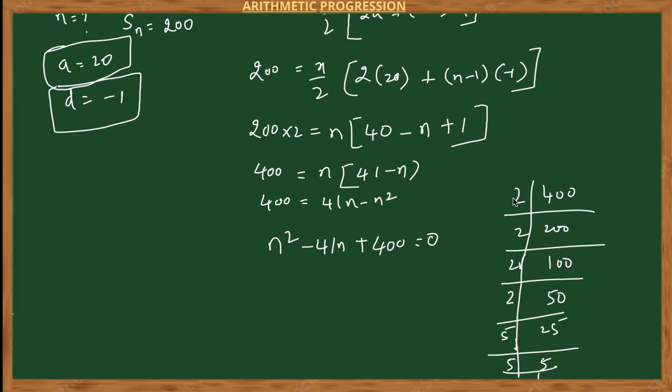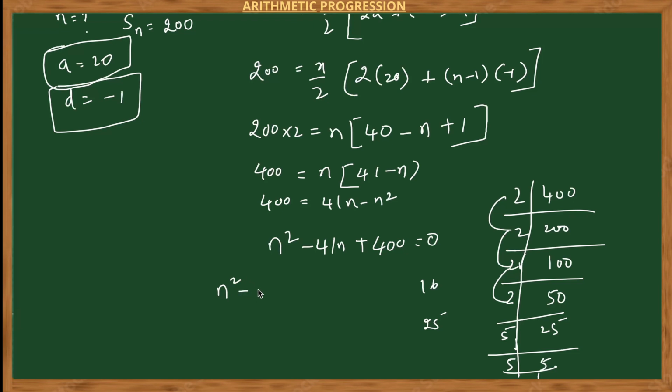Multiplying the 2s, 2 times 2 is 4, 4 times 4 is 16. So 16 and 25. Fine, we got the factors here.